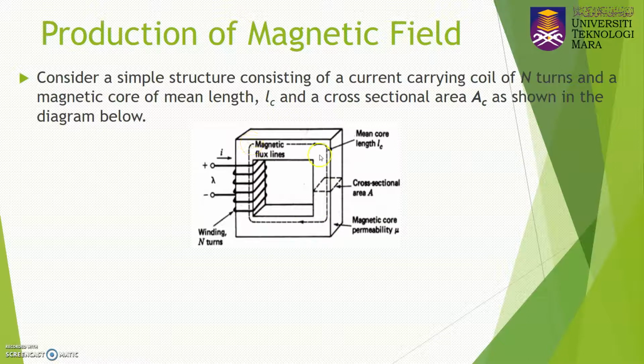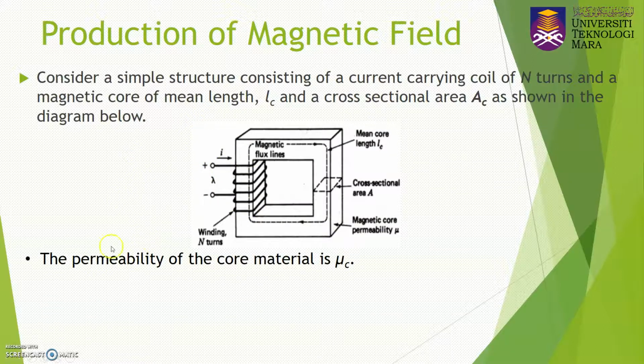The magnetic core has a cross-sectional area of AC. And then you have a coil that carries the current I. Whenever you have this, it will produce the magnetic flux lines across the magnetic core.